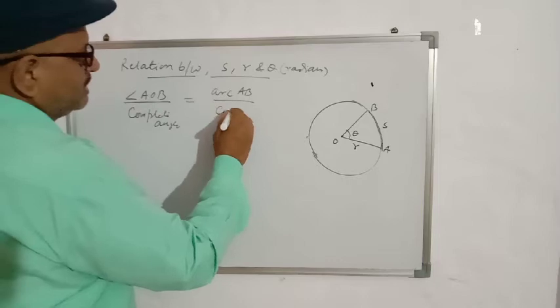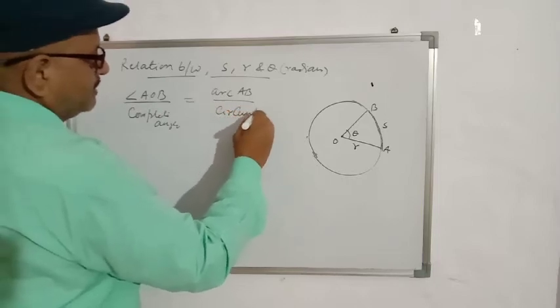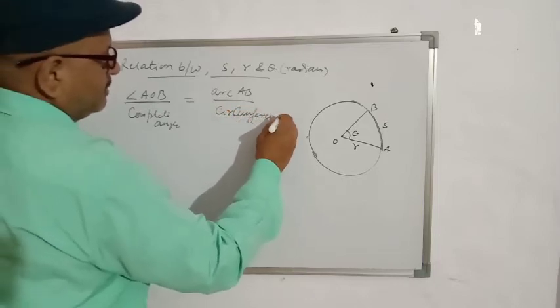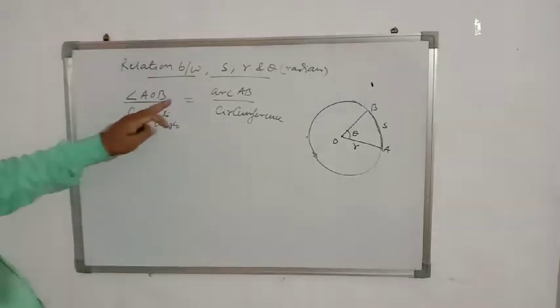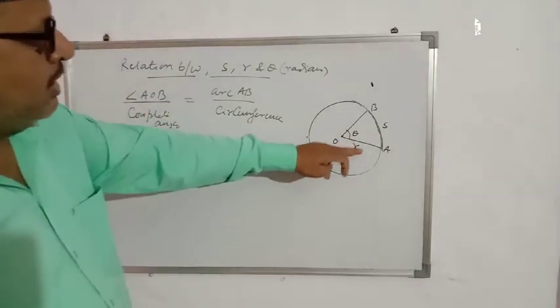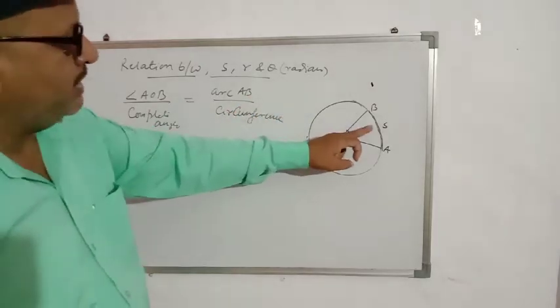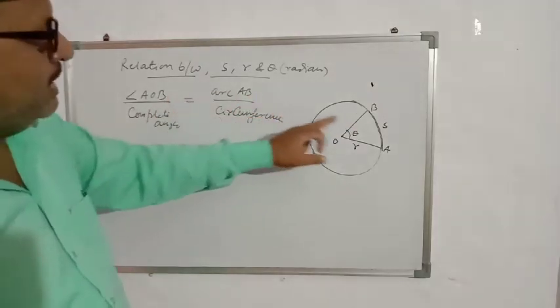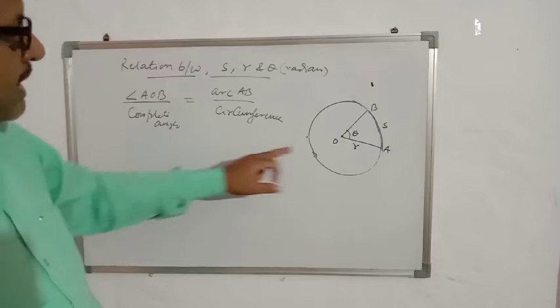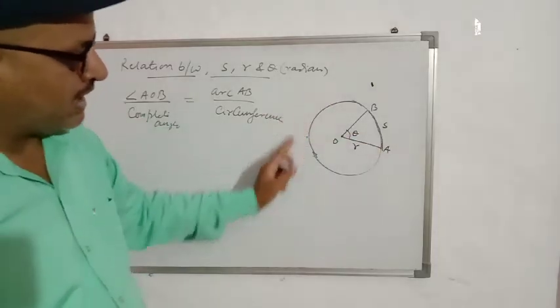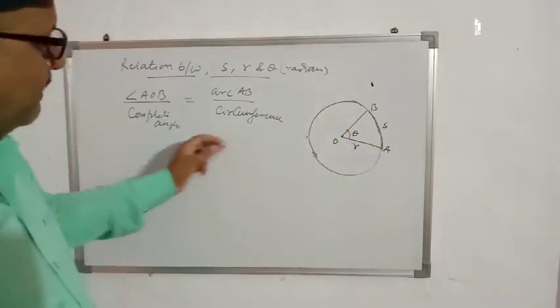Complete arc means circumference. Angle AOB is subtended by arc AB, and the complete angle is subtended by the whole arc, meaning the whole circumference.